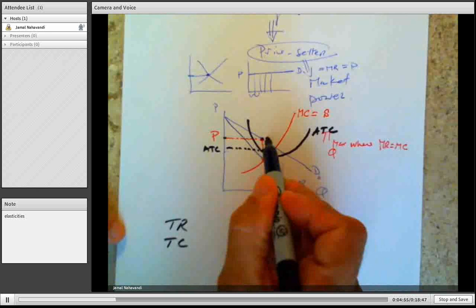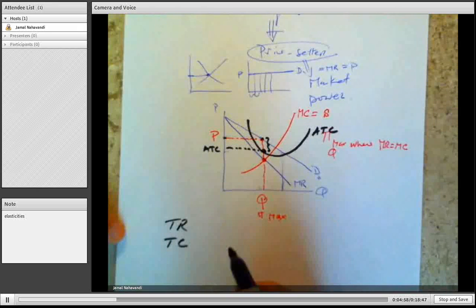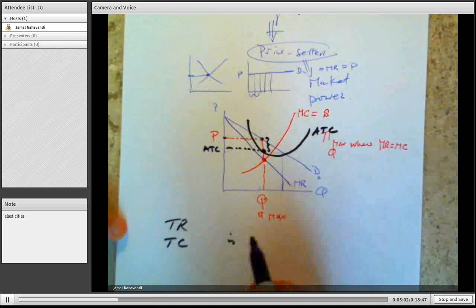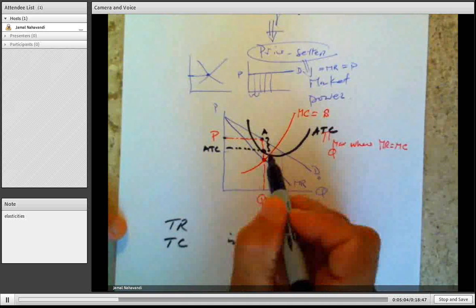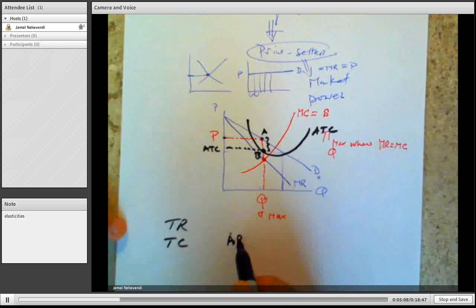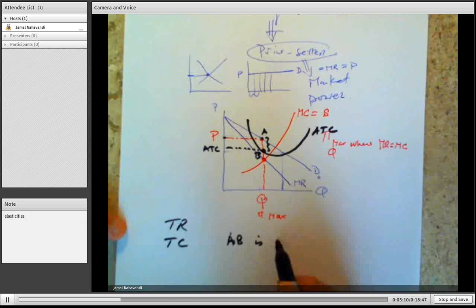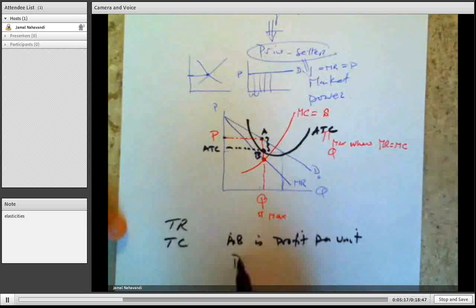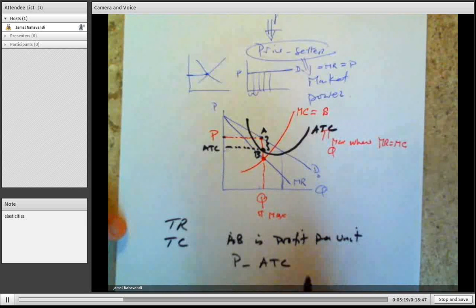So this distance, let's say between A and B, AB is profit per unit. That is the difference between price minus average total cost.